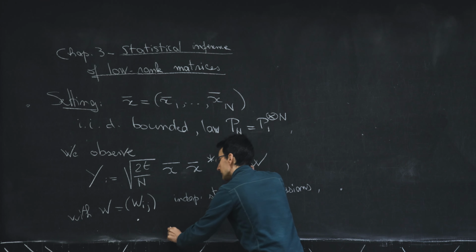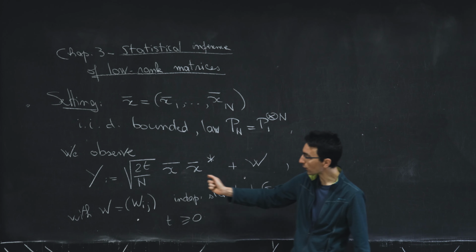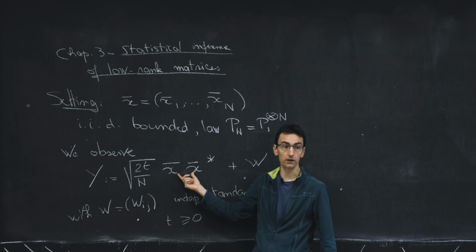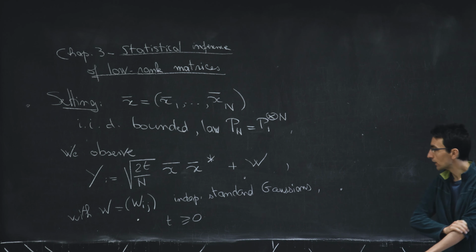And t is some parameter which I can tune. Okay, think of t as being a way for you to tune the intensity of the signal. If you like, you can call t a signal-to-noise ratio.